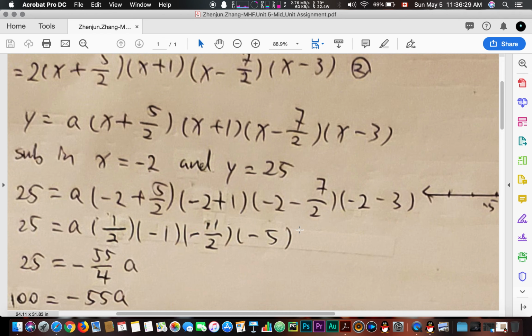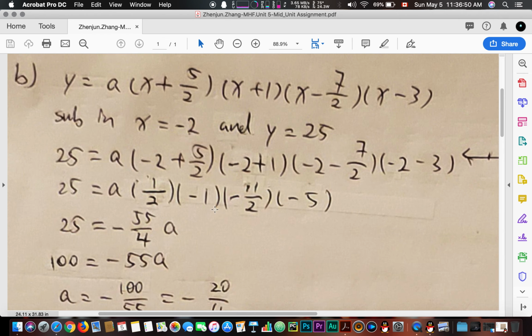So we have 25 equals a times a half times negative 1 times negative 11 over 2 times negative 5. And then we get 25 equals negative 55 over 4 a, okay, so simple multiplication here.